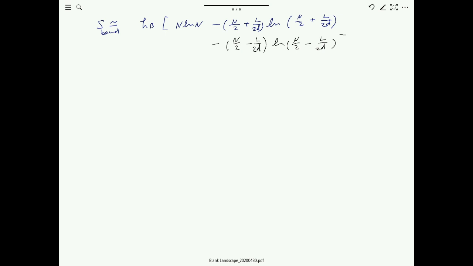This is an approximation, but a very good approximation. Now I can perform this partial derivative, and after some algebra, which I'm not going to calculate here, you arrive at this result.